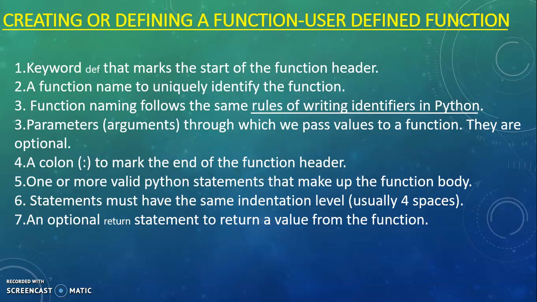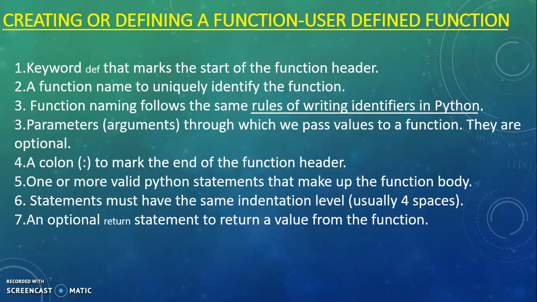Then after giving the name of the function and brackets, we put a colon to mark the end of the function header, and then we write some statements in the body of the function, like what this function is going to do.